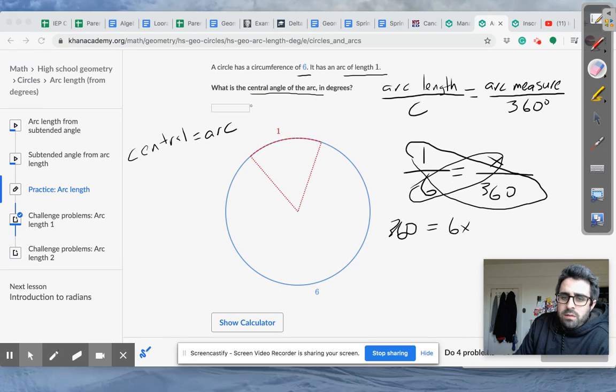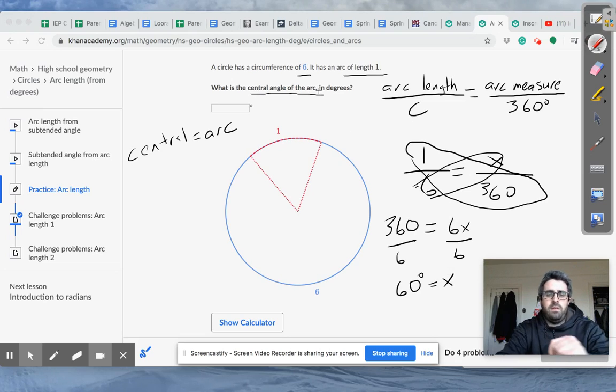Just going to erase this so it looks a little neater. And then all we got to do now is divide by 6. And 360 divided by 6 gives me 60 degrees. So my arc measure is 60 degrees.